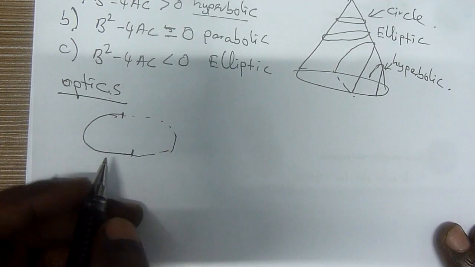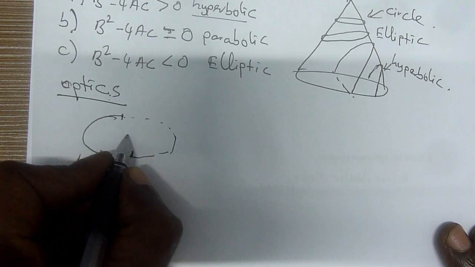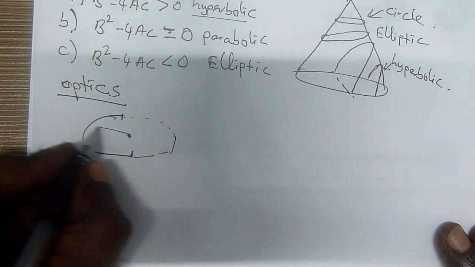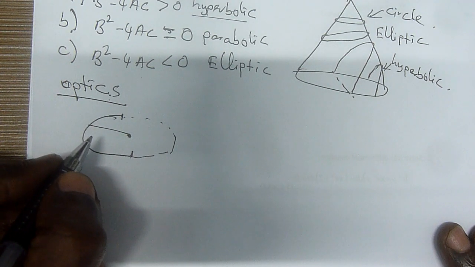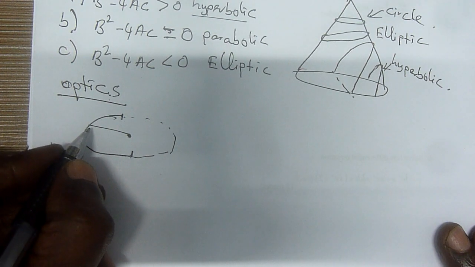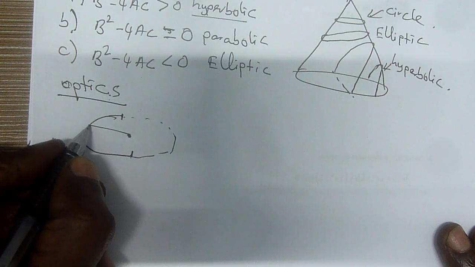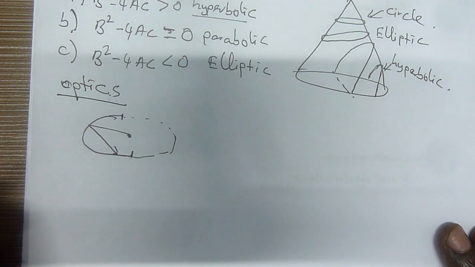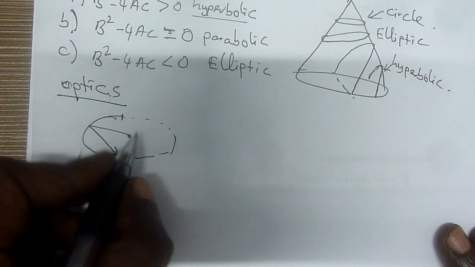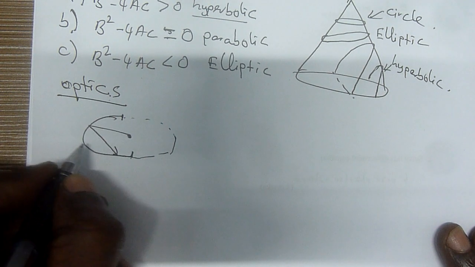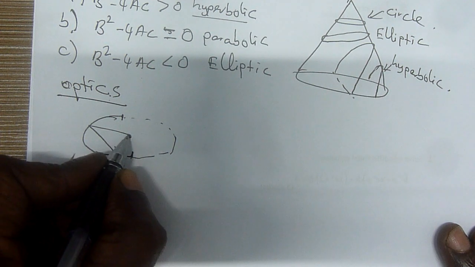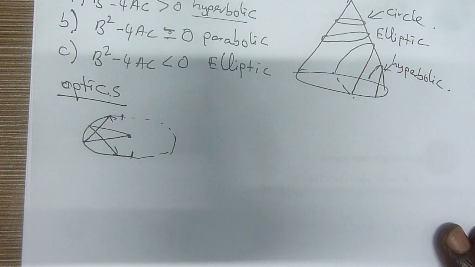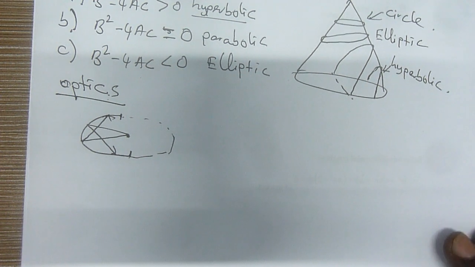When the light, the focus will be here, in the middle point, and the reflection of the light will be within the lens. Here, similarly, you can see for the elliptic the reflection will be within.